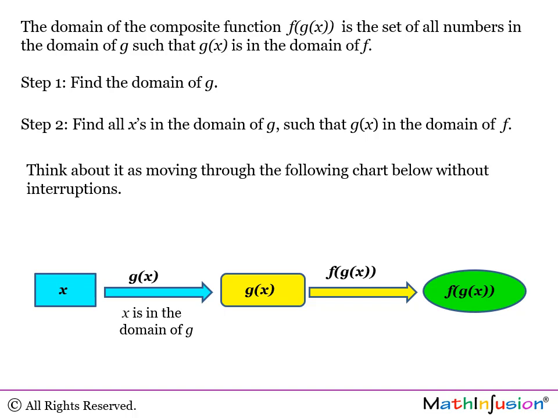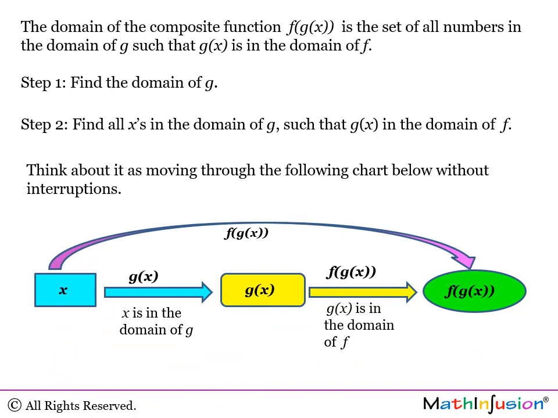So first we have to find all the x's that are in the domain of g. But also, it's not enough. We also have that g of x will move in the pipe, which means g(x) has to be now also in the domain of f. Moving from here to here is actually like moving from x to f of g of x.